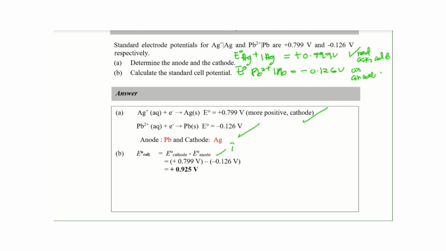We use the formula, E0 cathode, positive 0.799 volt, minus E0 anode, negative 0.126 volt. The answer is positive 0.925 volt.